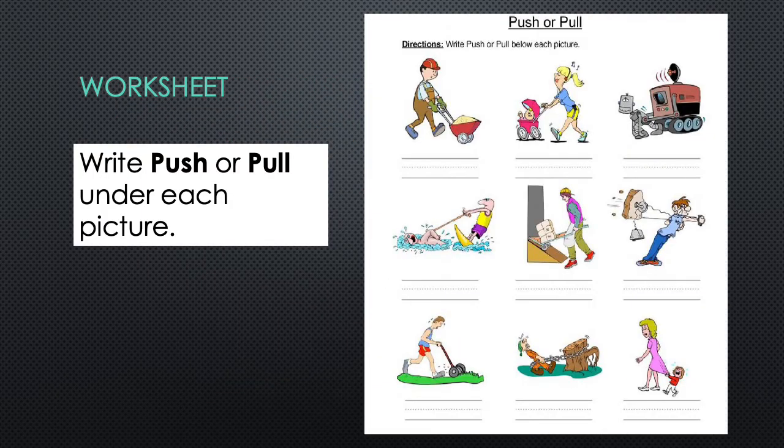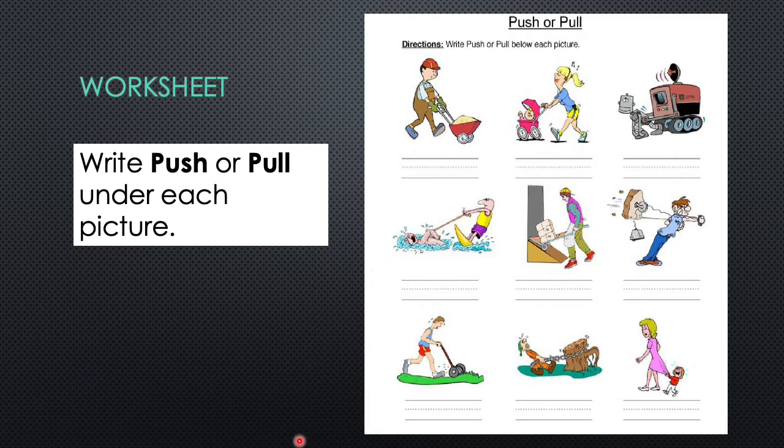Okay, so now that we know the difference between a push and a pull, I would like you to complete this worksheet writing push or pull below each picture. So we're going to do the first one as an example. What is the man doing? Is he moving this closer to him or is he moving it away from him?